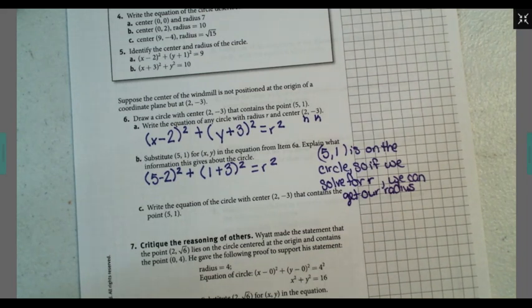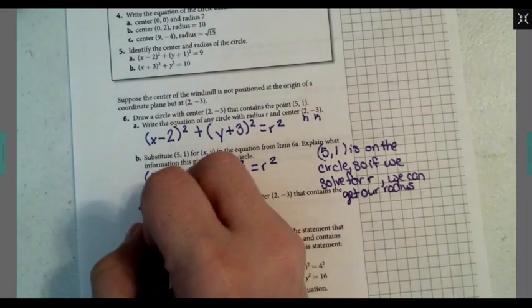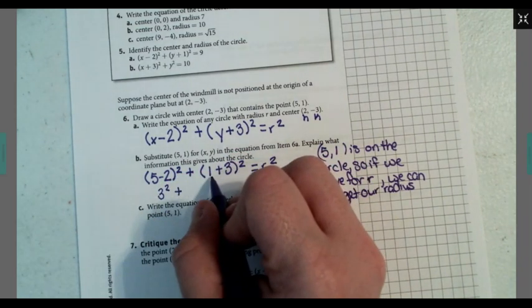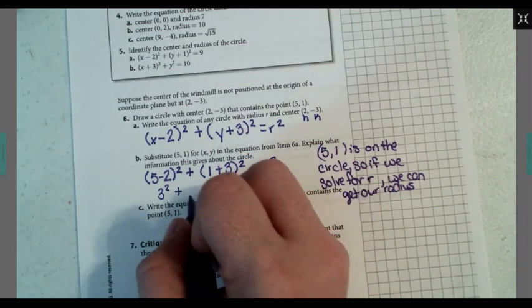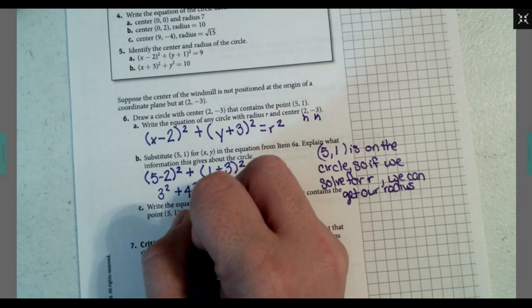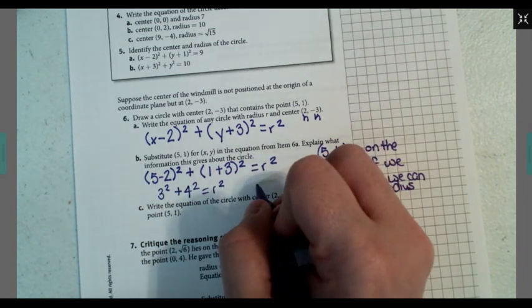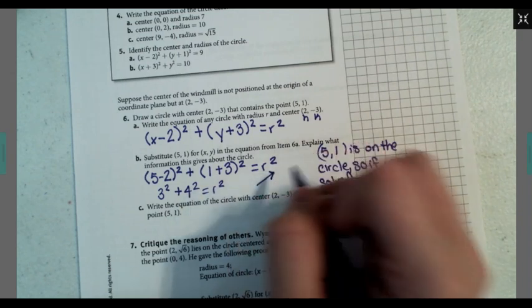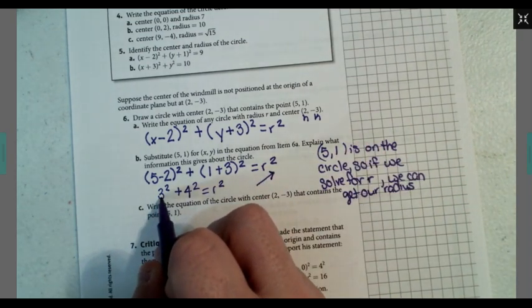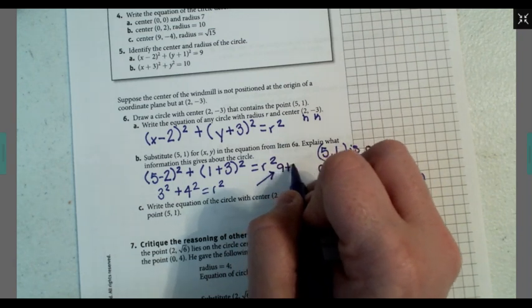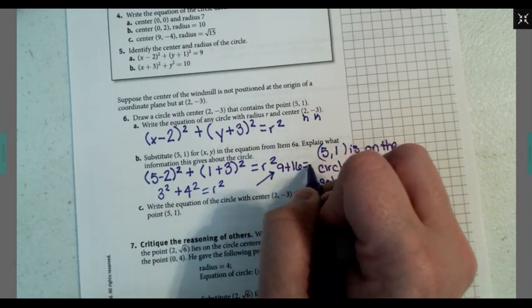5 minus 2, that's 3, right? So 3 squared plus 1 plus 3 is 4 squared. And this is going to equal r squared, right? Well, 3 squared is 9. 4 squared is 16.